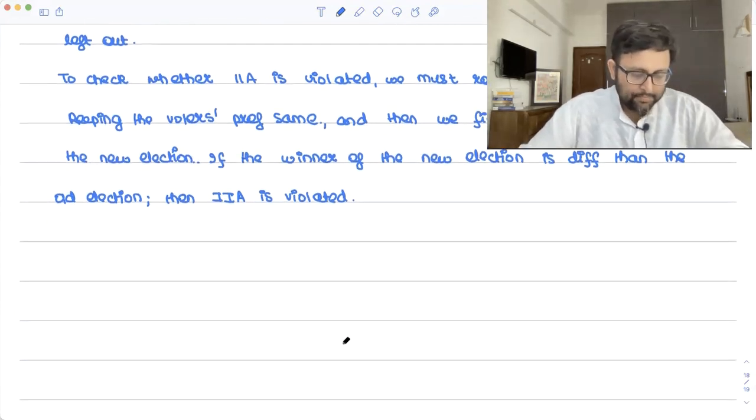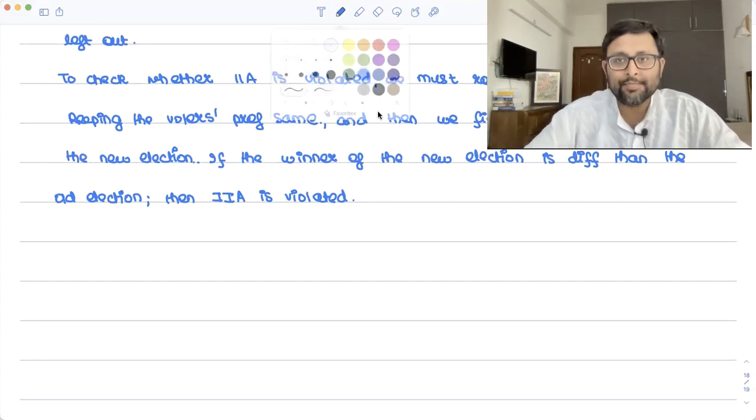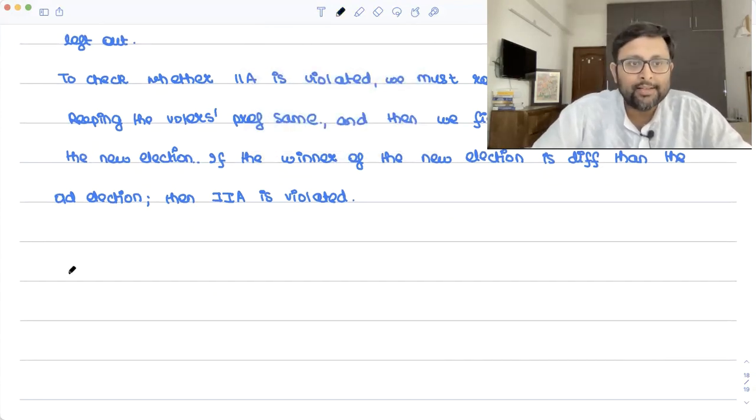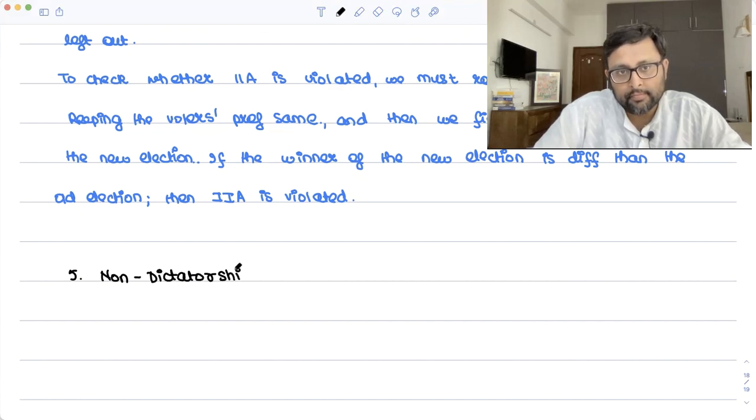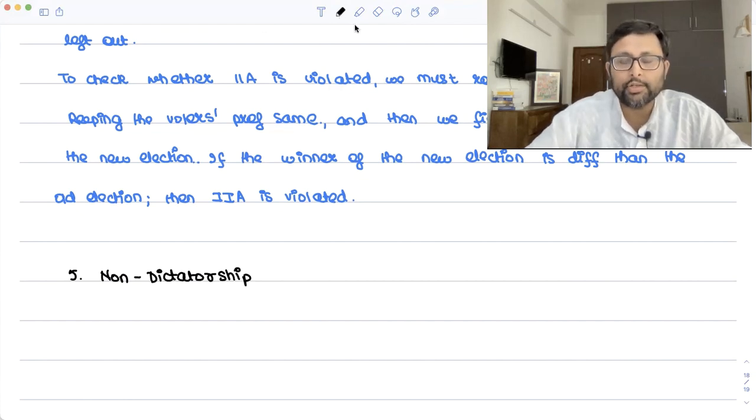And then there is another desirable property, which is non-dictatorship.